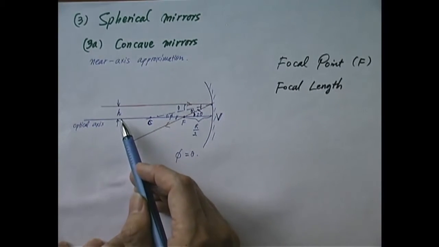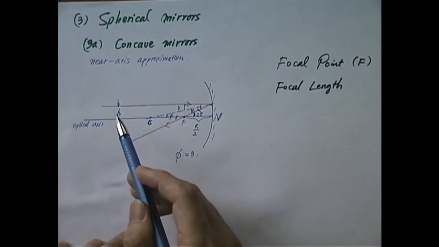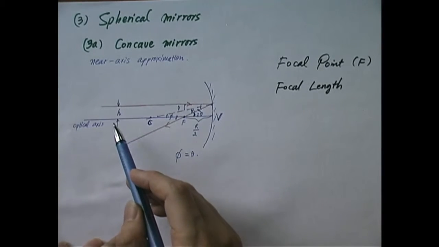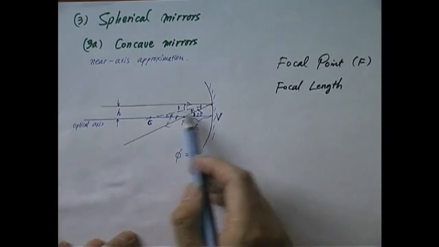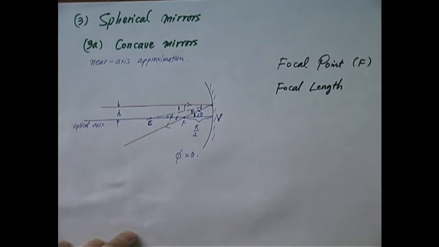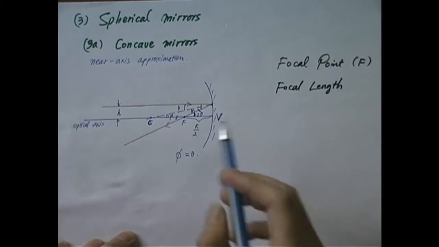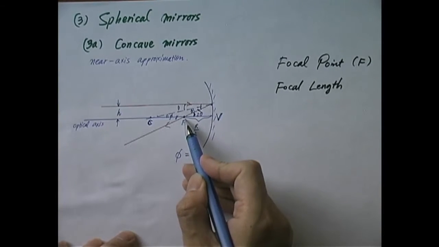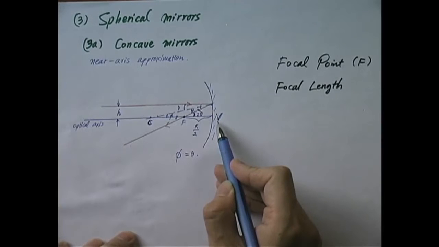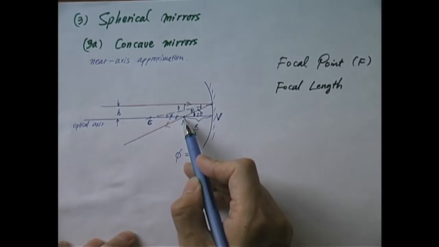I didn't really specify H. I didn't say how much it has to be. I just said it's going to be a lot less than the radius R. So we're looking at a near axis beam. It looks like all near axis beams, roughly speaking, would pass through the same point F, which is midway between C and V. And this is why we call this the focal point.